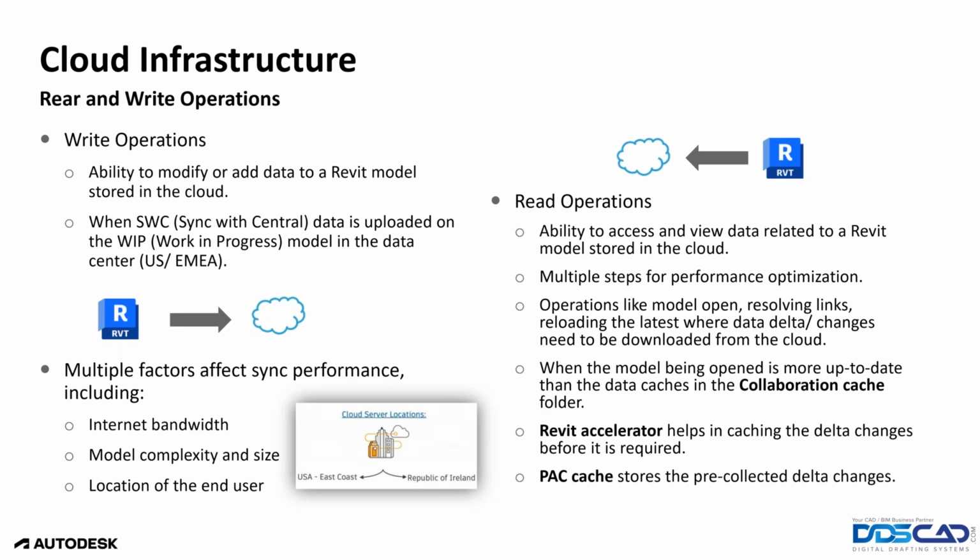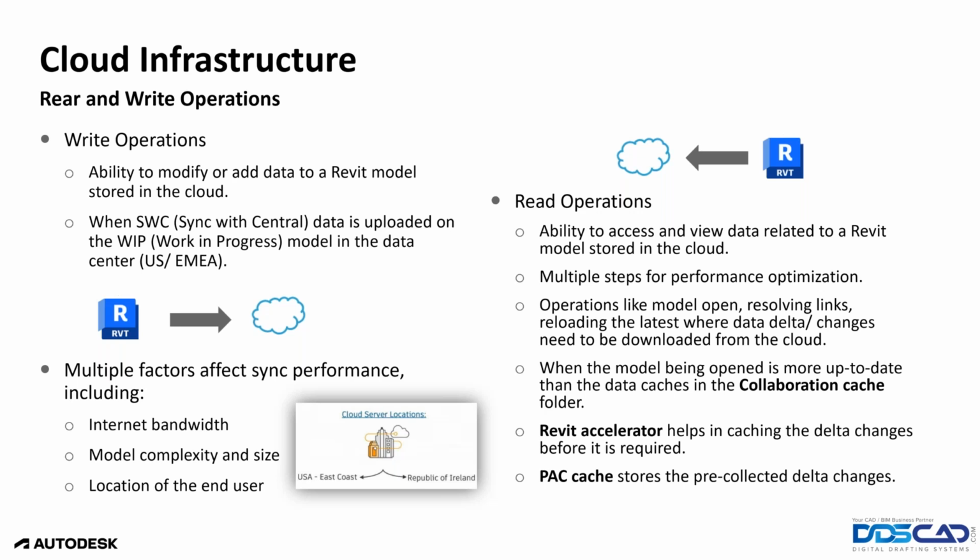As far as sync performance, there are a couple of things that can affect it: your internet bandwidth, your model complexity and size, and the location of the end user. There are two major data centers used to house the Construction Cloud documents. One is the US data center, which is based on the east coast of the US, and the other is the European data center, which is hosted in the Republic of Ireland.